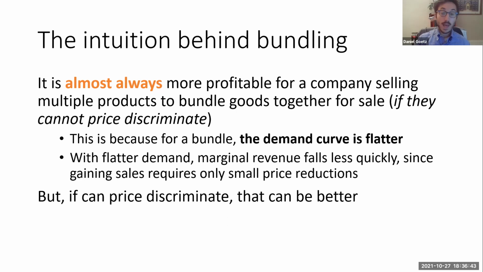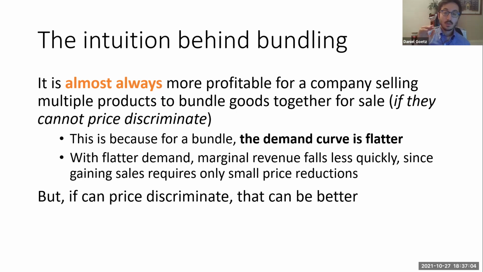So with flatter demand, marginal revenue falls less quickly, because to gain sales, I only need to reduce price by a little bit. So I reduce price a little bit and I gain a lot more consumers. I haven't lost that much on who I was selling to before, and I've gained a lot from the new people.